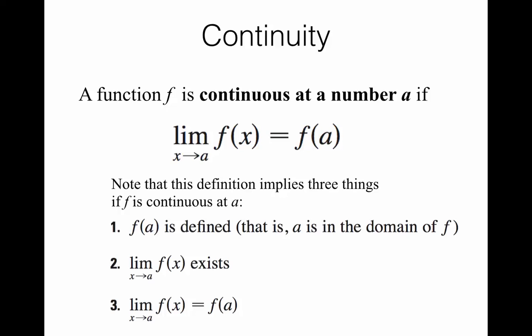Further, it implies that the limit of f of x as x approaches a exists, and it also implies that the limit and the function's value at a are the same. So graphically, the function has no holes or breaks in the graph at a.